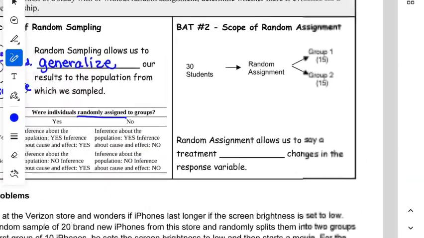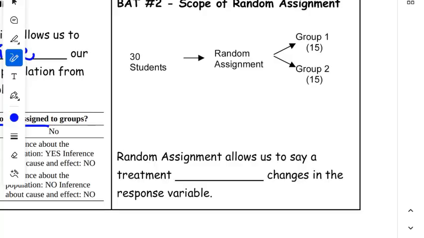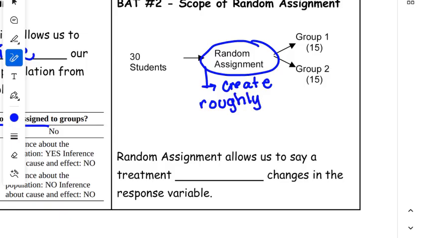Okay, scope of random assignment. So you have 30 students, you do a random assignment. The reason you want to do a random assignment is to create roughly equivalent groups. Because confounding factors will affect the study unless you evenly distribute those confounding factors.